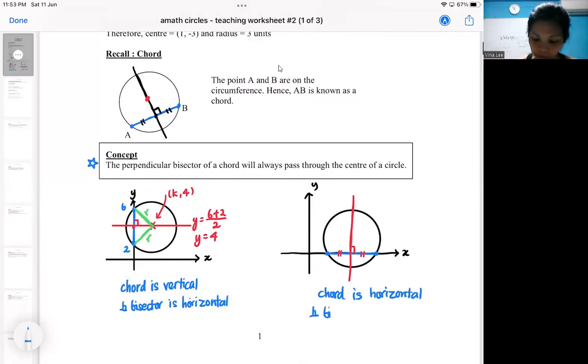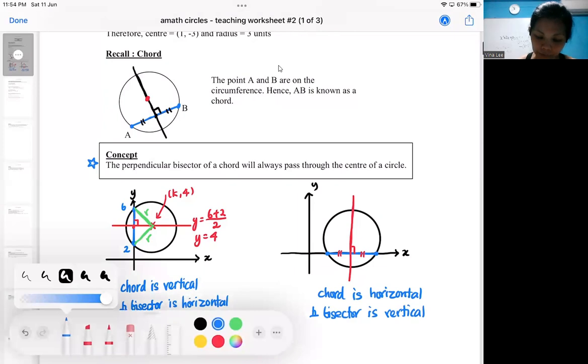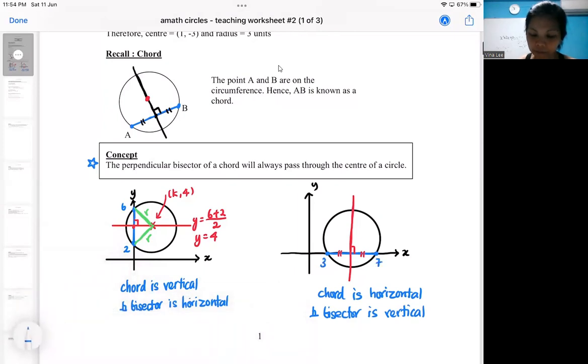So in the same situation, if we get the x-intercepts, usually with the x-intercepts it's actually very easy to find. So for example, these are 3 and 7.